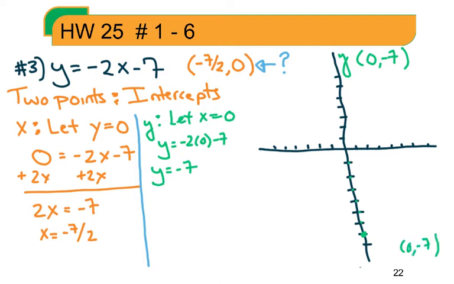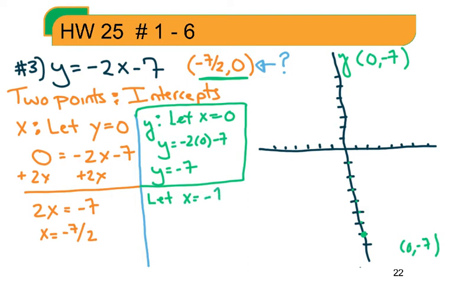Now I need another point that's a little bit easier to plot than this. So what can I do? Let's just choose another value for x. Let's let x equal, what shall we choose? Something pretty easy, like negative 1.